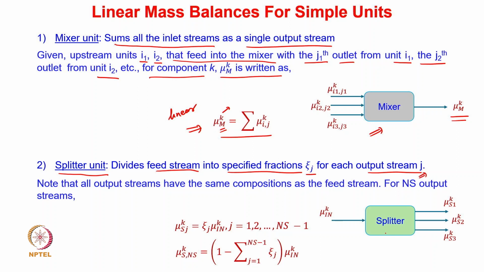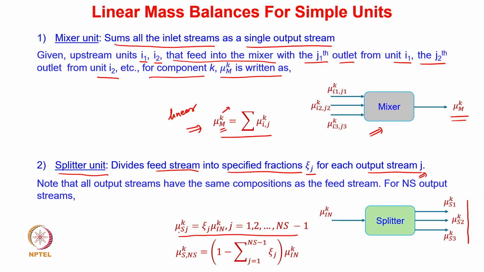So you can see that unlike the mixture, here in the splitter, the inlet stream is split into multiple outlet streams. And if you look at the mass balance here, the outlet from each of these J streams can be represented by using this equation.